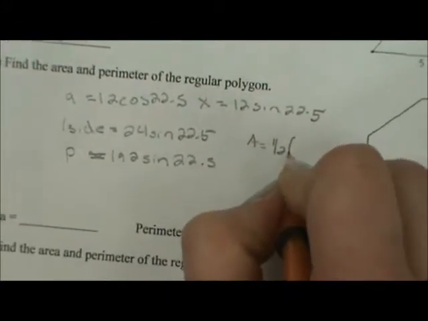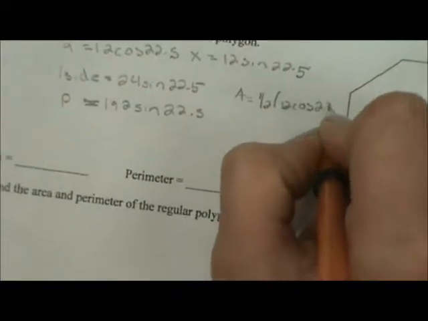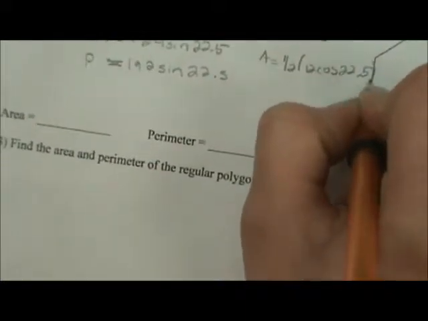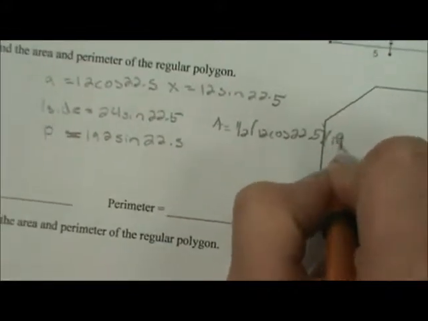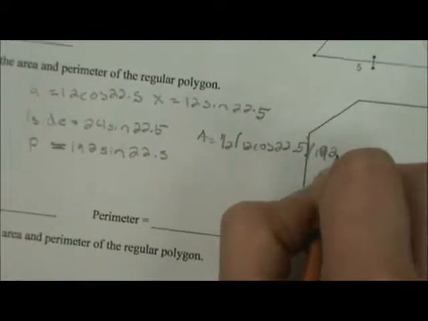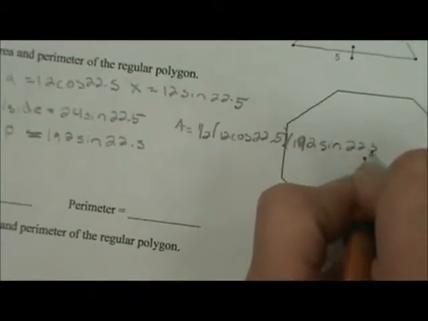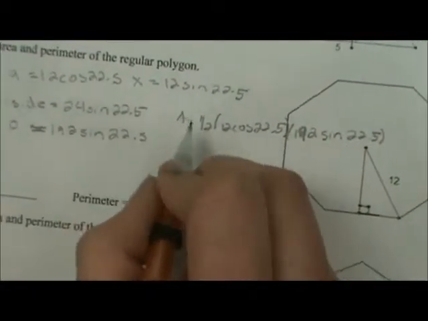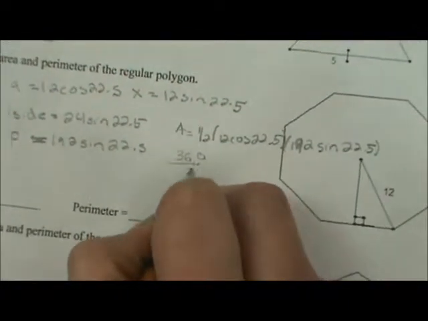And then you have to find the area. So that's going to be 1/2 times the 12 cosine 22.5, and then times 192 sine of 22.5. That's because that's the perimeter.